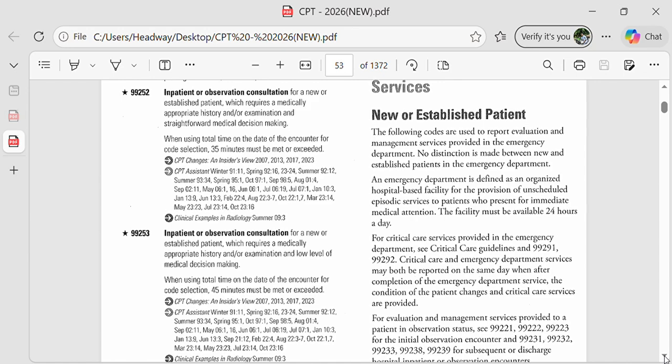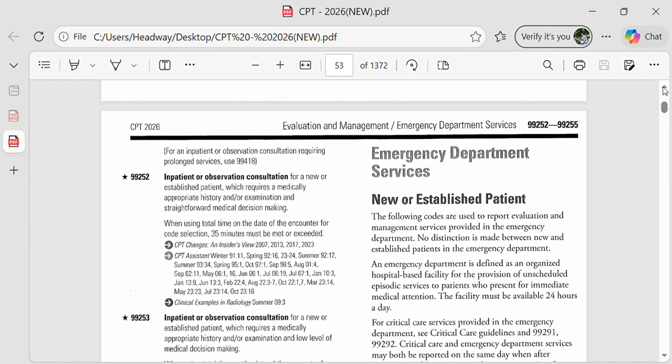Okay, that is about the inpatient and outpatient, and coming to the new patient and established patient. In the emergency department, there is no differentiation for the new patient or established patient. Why? Why like that?